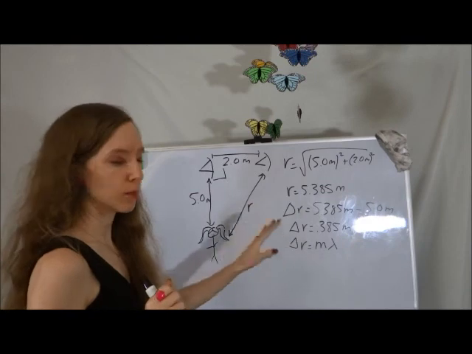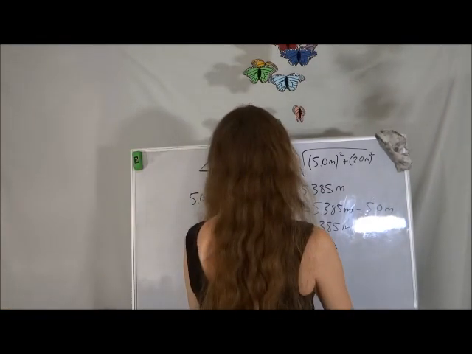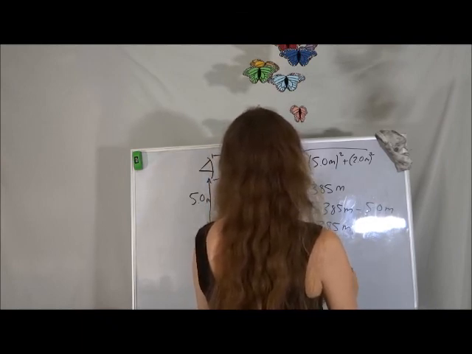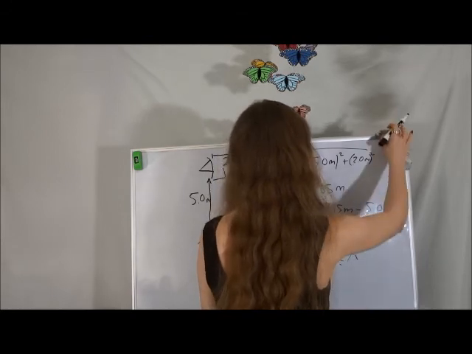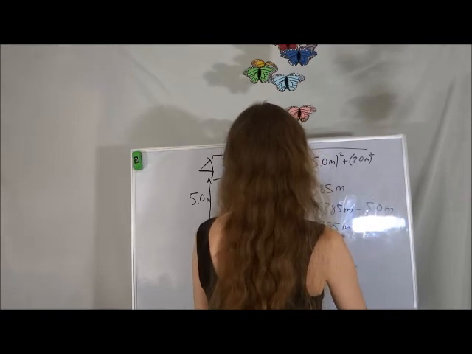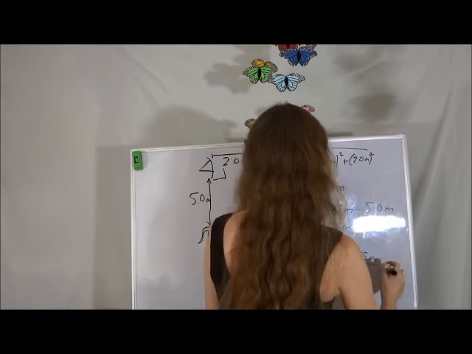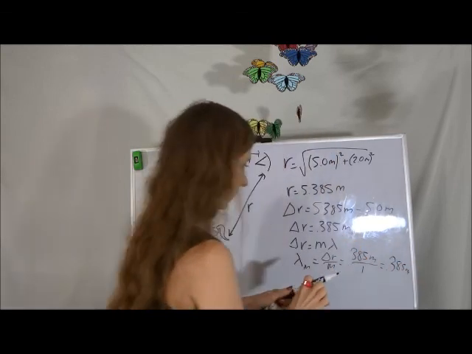The next smallest situation we could have is m equals 1. In that case, lambda is equal to delta r over m, which is delta r over 1, and our delta r is 0.385 meters. So we'd be left with 0.385 meters.